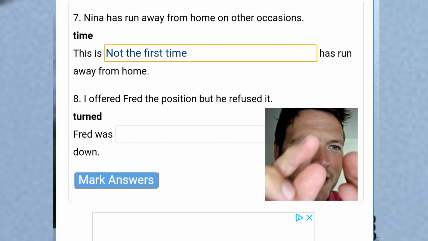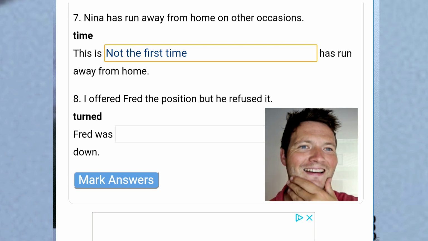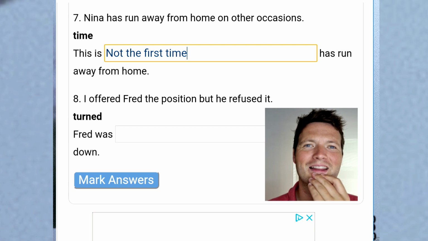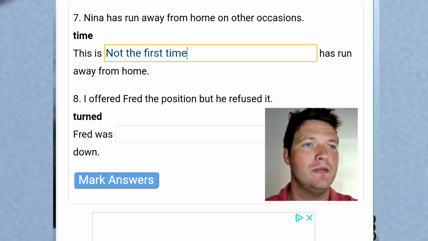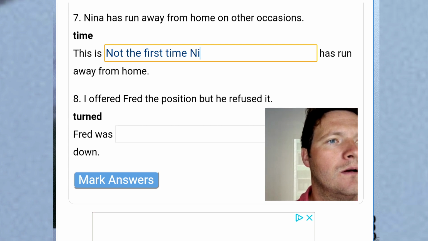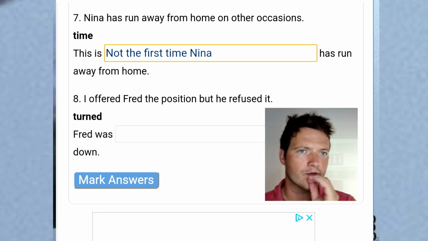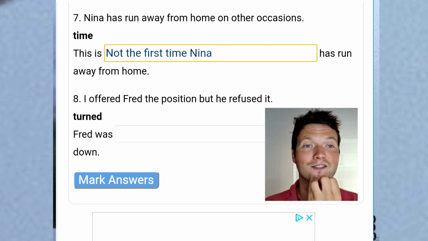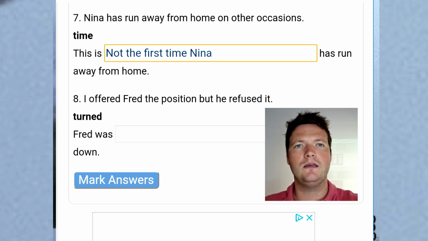I'm writing in a space as big as this camera. Right, so this is not the first time Nina has run away from home. Remember to write all of the information in there to get the 2 points. Anyway, I think that's right.